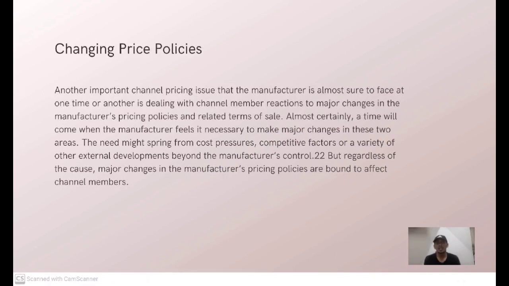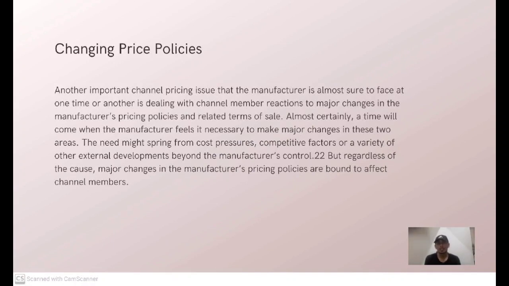So the second one is changing price policy. Another important channel pricing issue that the manufacturer is almost sure to face at one time or other is dealing with channel member reaction to major changes in the manufacturer's pricing policy and related terms of sale. Almost certainly a time will come when the manufacturer feels it necessary to make major changes in these two areas.